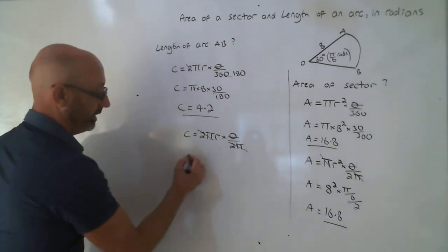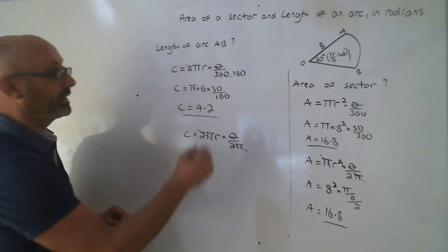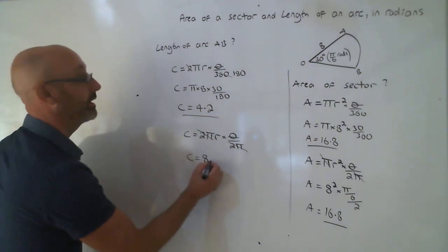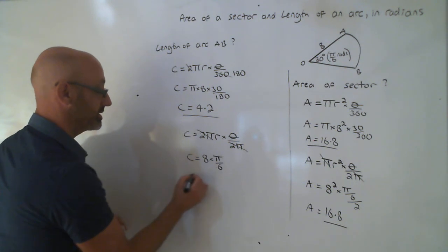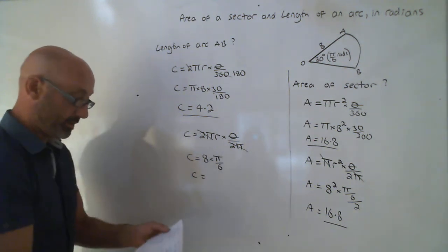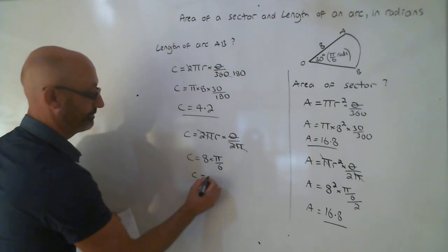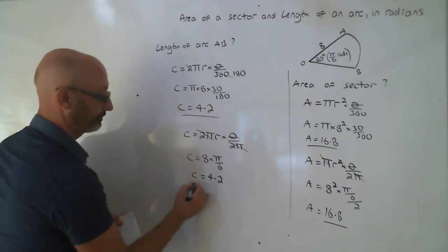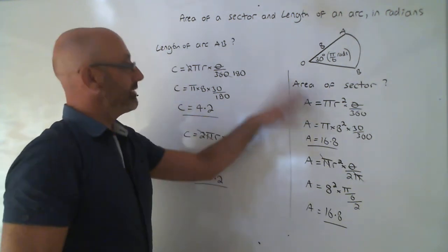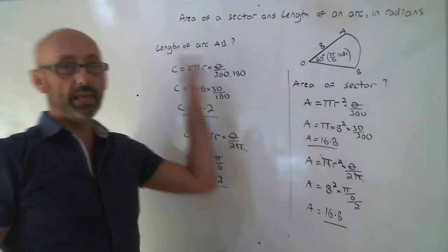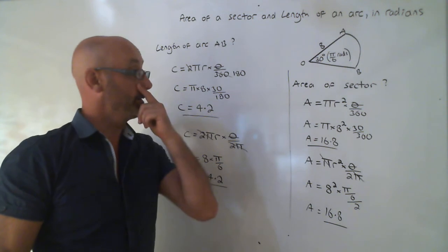Okay? And again, if we replace what we know, out pops the answer, 4.2. Okay, so that was area of a sector or length of an arc.